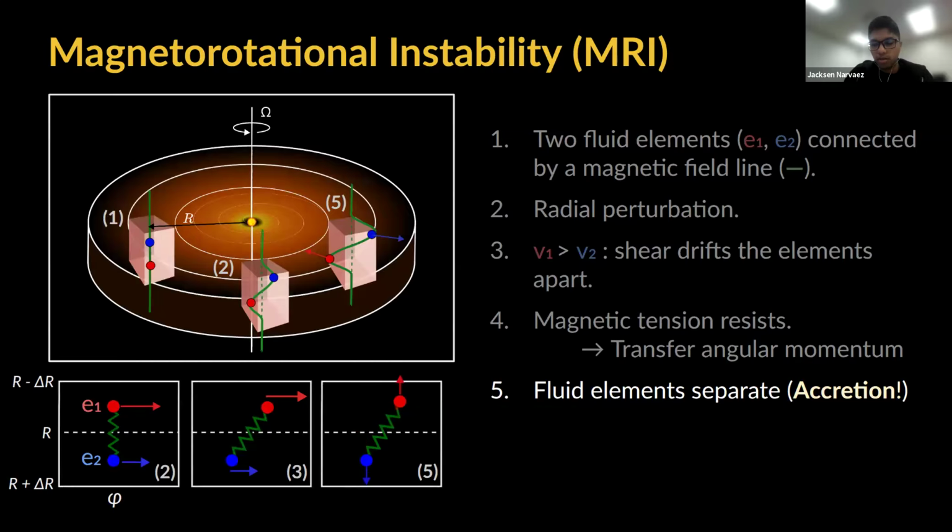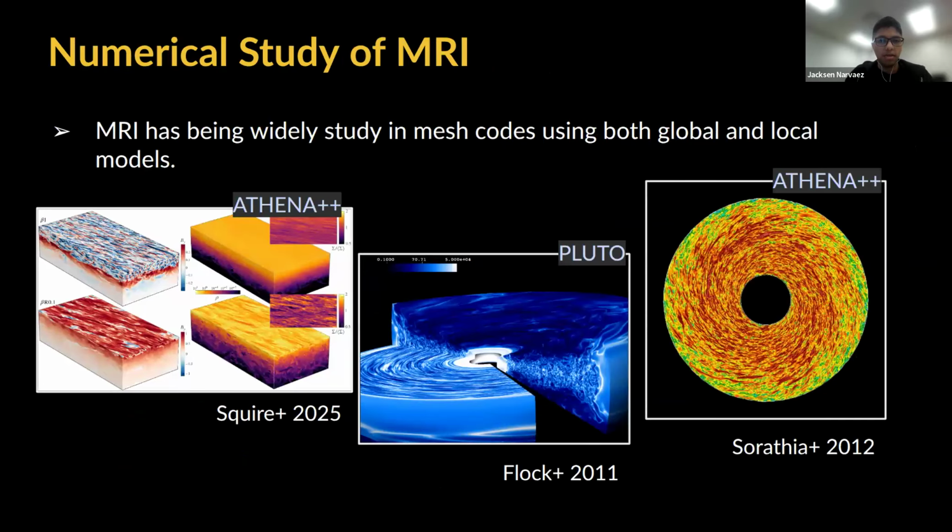And regarding numerical studies of this instability, most of the work so far has been done with mesh codes using both global and local models, for example, with shearing box approximations. Here I just share some examples like using Pluto and Athena++. So our question is, can SPH simulate MRI?